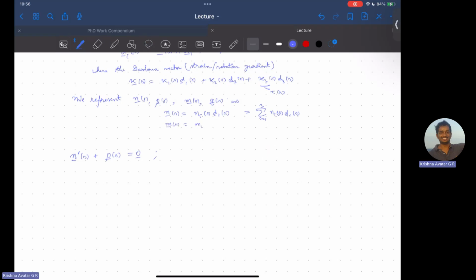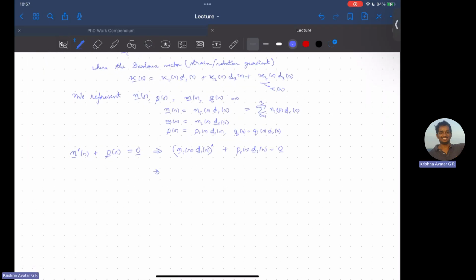Now we can write this equation as ni of s di of s prime plus pi of s di, equal to 0. Here we use the chain rule.